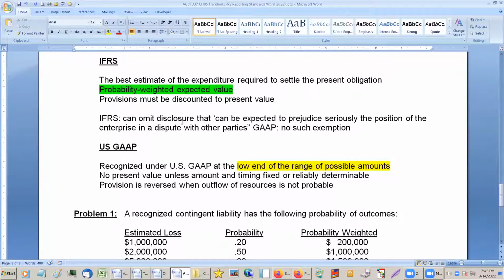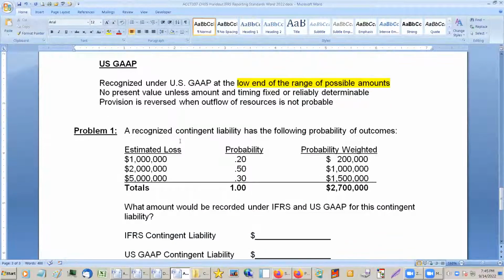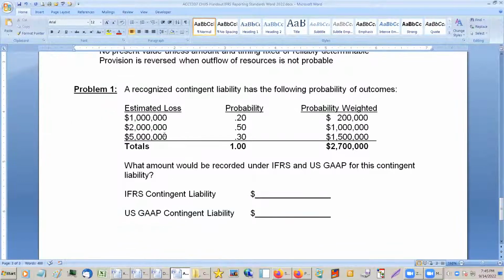So how does this work out? Let's say there's a contingent liability, and you talk to the lawyers, and the lawyers say there's a 20% chance they're going to pay out $1 million, 50% chance $2 million, and a 30% chance it'll be $5 million. There's a total probability of 100%.